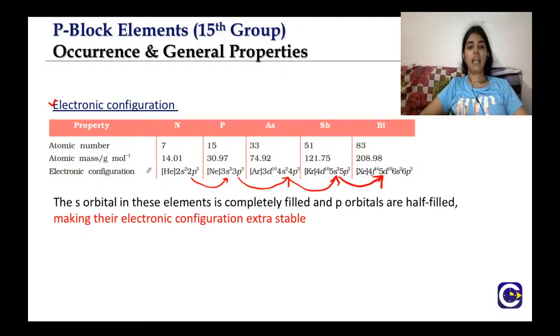In these elements, the s orbital is completely filled while the p orbitals are half filled, which makes their electronic configuration extra stable, and therefore they show anomalous properties as compared to the regular trend.